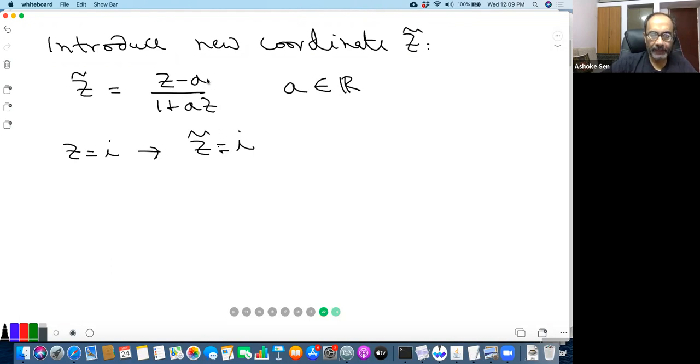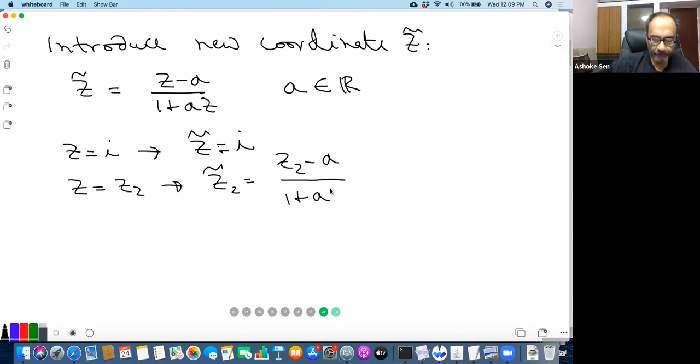Set Z equal to I for any real A, Z tilde you get is I. And Z equal to Z2 will map to Z tilde 2, which is Z2 minus A over 1 plus A Z2. Z2 of course is known.